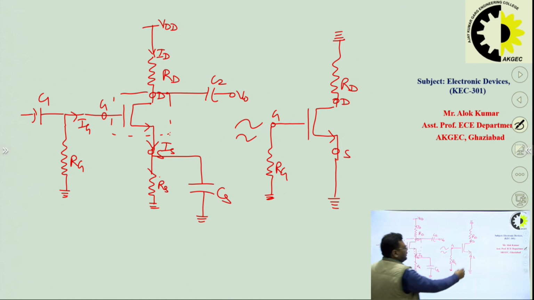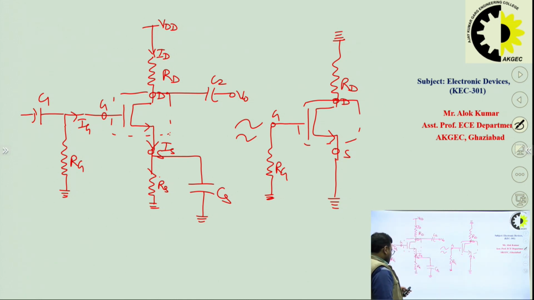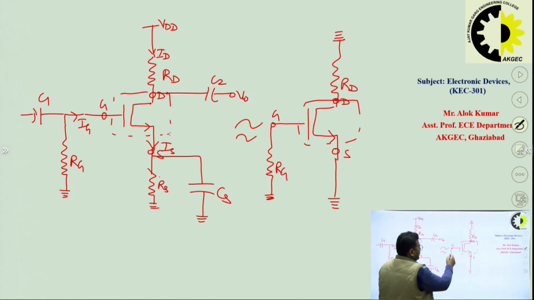Now if I replace this part by the model that we have discussed, the equivalent circuit will be: here I have the gate terminal, and this is the source terminal. Between gate and ground, because the source is directly connected to the ground, there is a resistance RG.